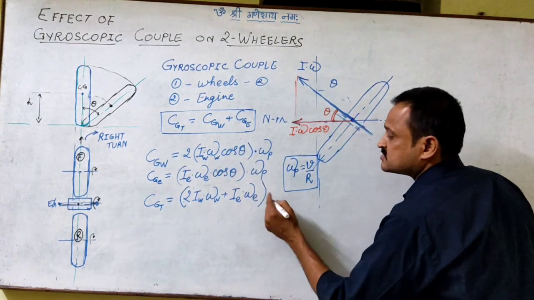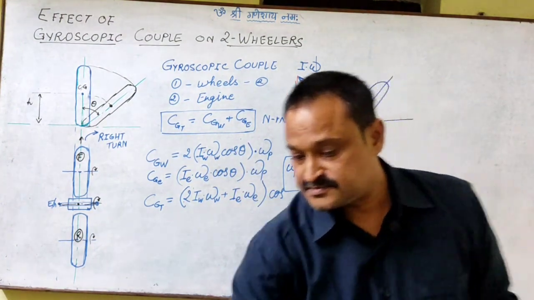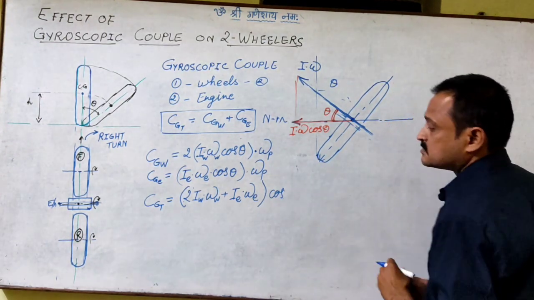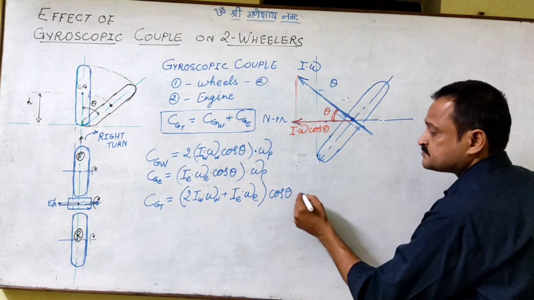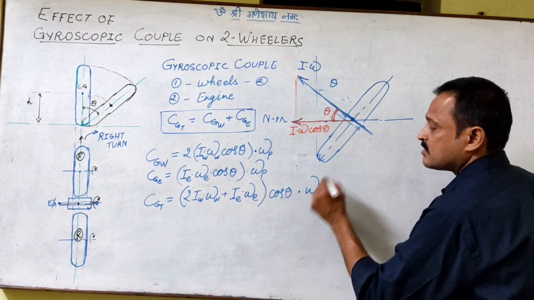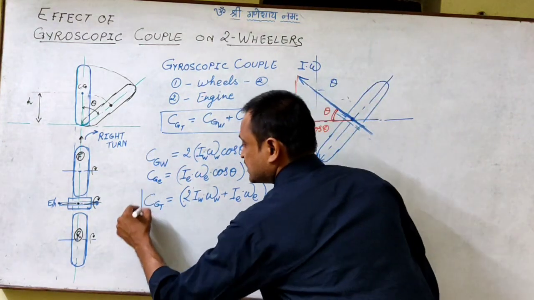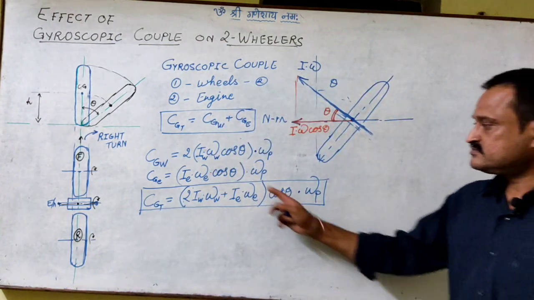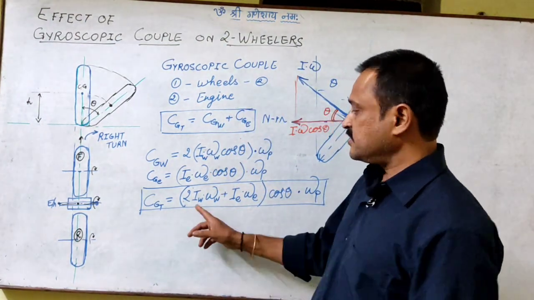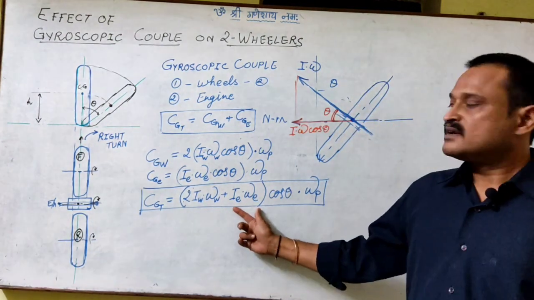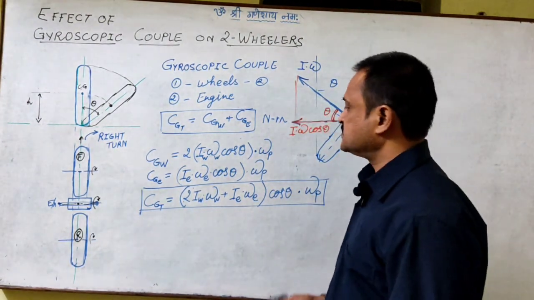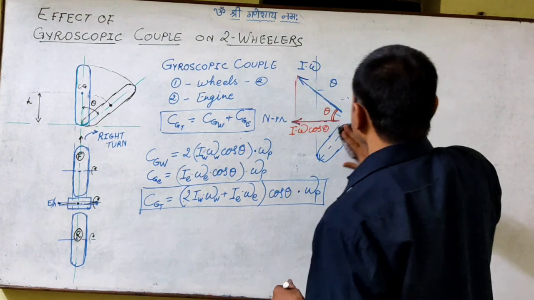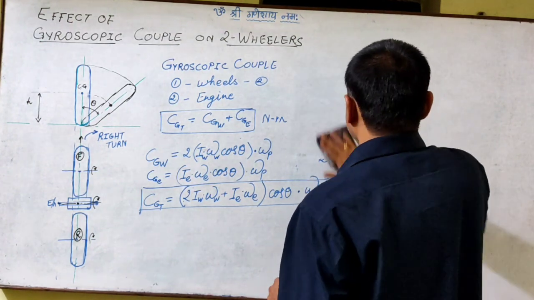I can take cos theta common, into omega p. So this is the magnitude of the gyroscopic couple due to the wheels and the engine.